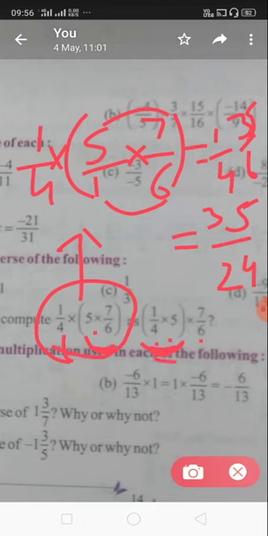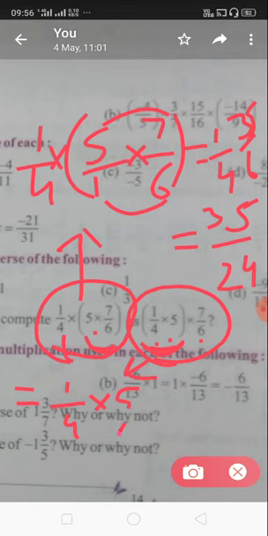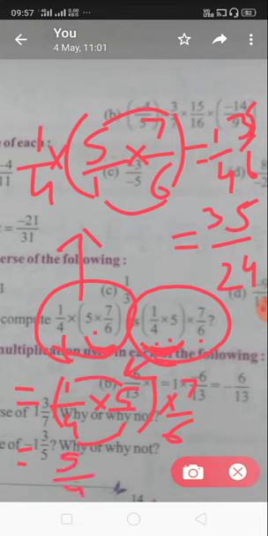Now we are going to solve this side. See how we will solve this. Same here, the first bracket here is 1 by 4 into 5, so first we will solve it. 5 you can write as 5 upon 1. 1 by 4 into 5 by 1, so 5 into 1 is 5, 4 into 1 is 4, so 5 upon 4.